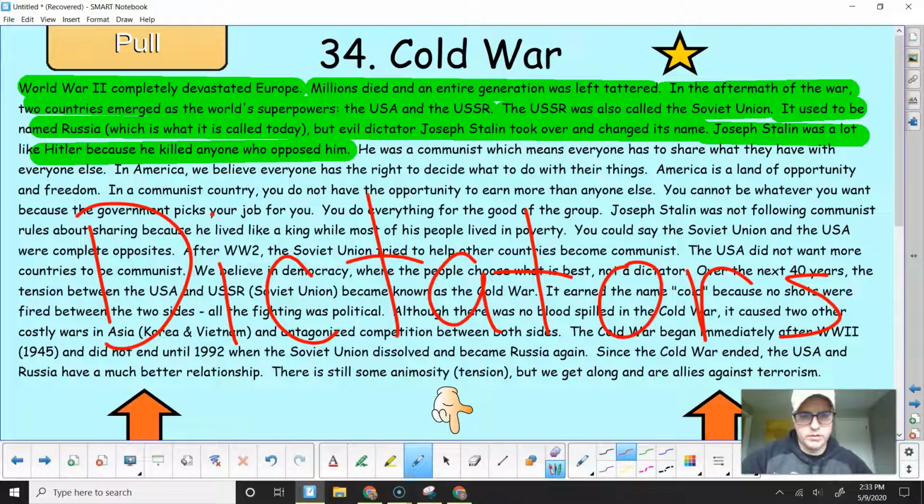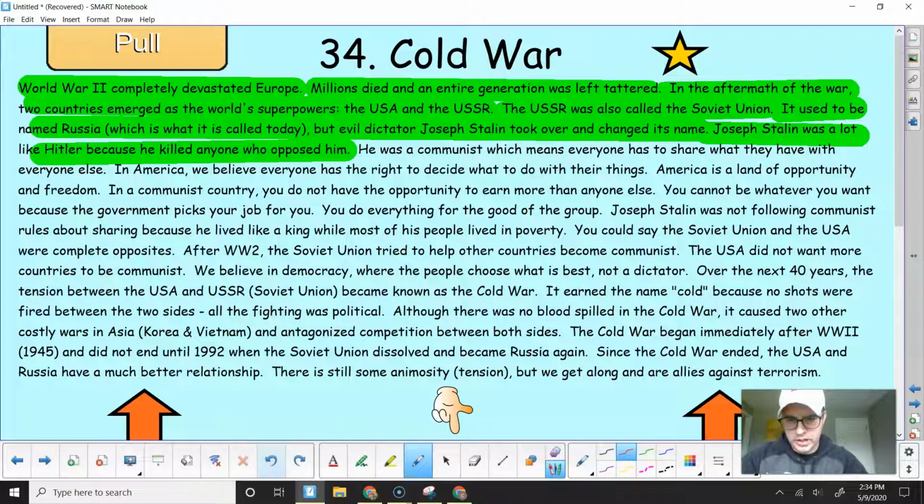What do I mean? Well, if someone were to say something bad about Stalin, he'd have them killed. Hitler was the same way. Anyone who opposed him, he would kill. That's just how they did things. All right, so they're both dictators.